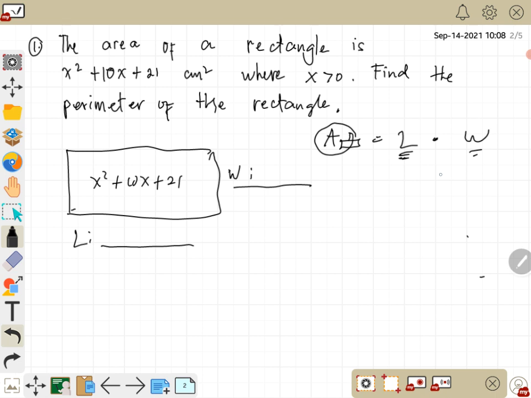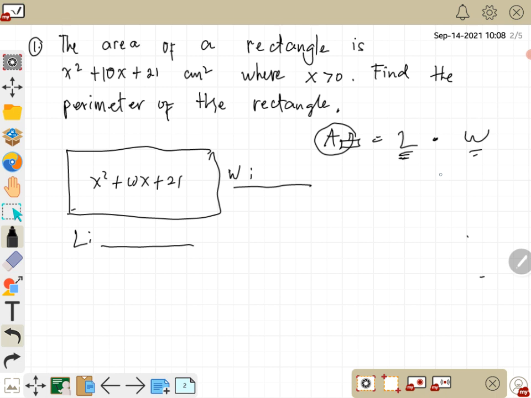By factorization, this is simply x plus 7 times x plus 3, because 7x and 3x gives you 10x, and 7 times 3 gives you 21. So our length is x plus 7 and our width is x plus 3 centimeters.